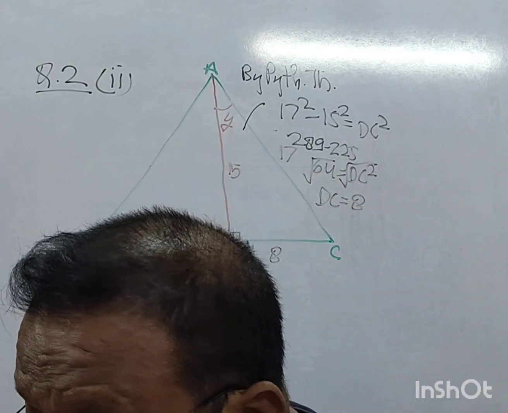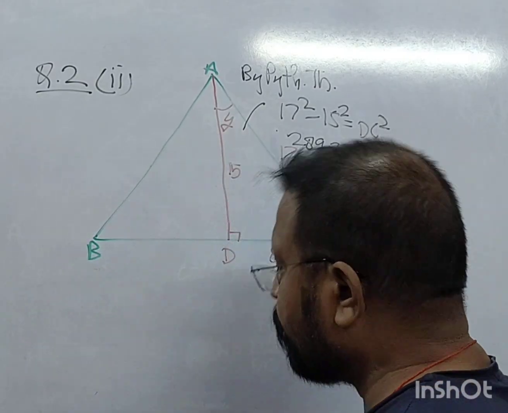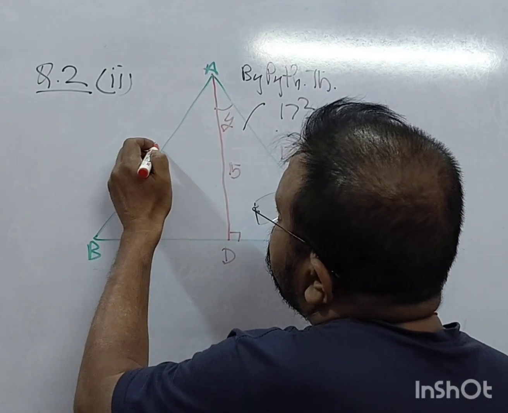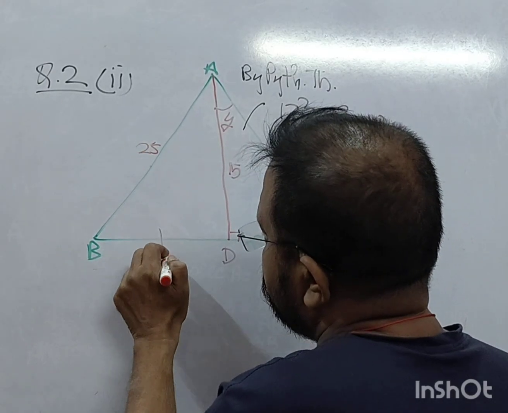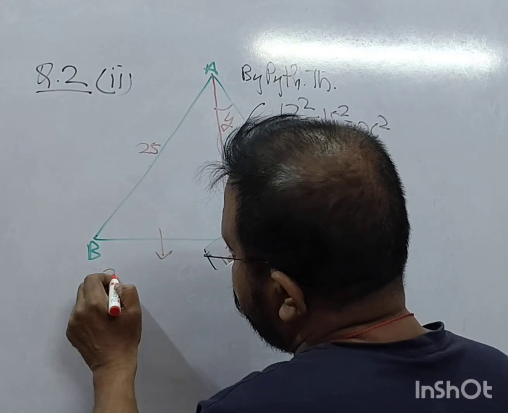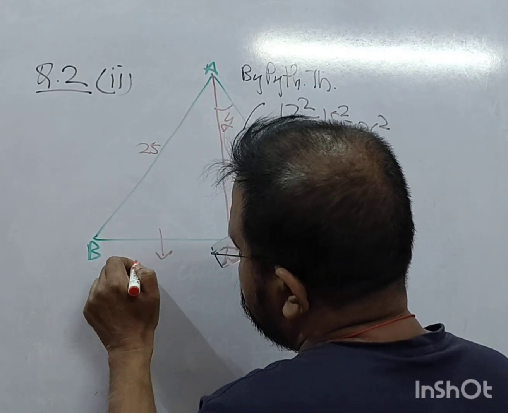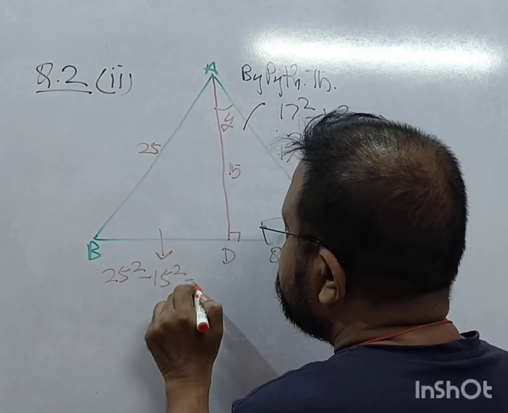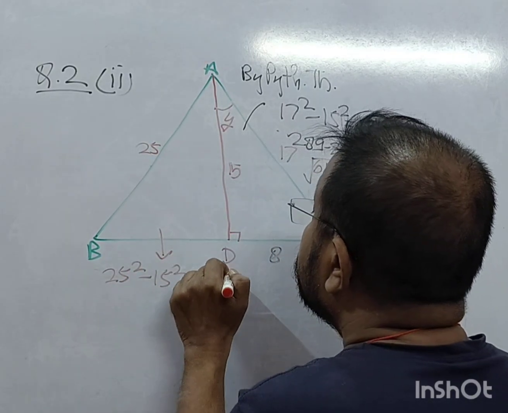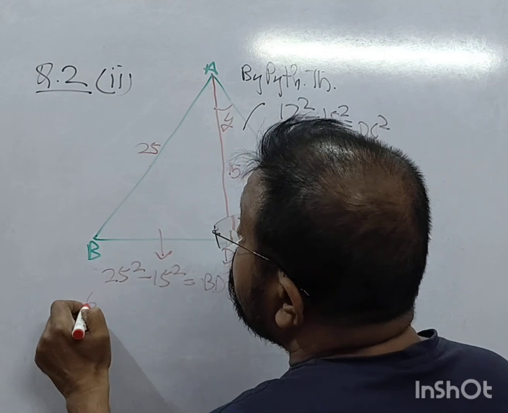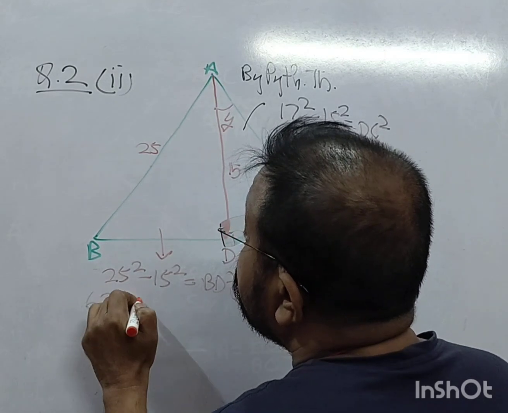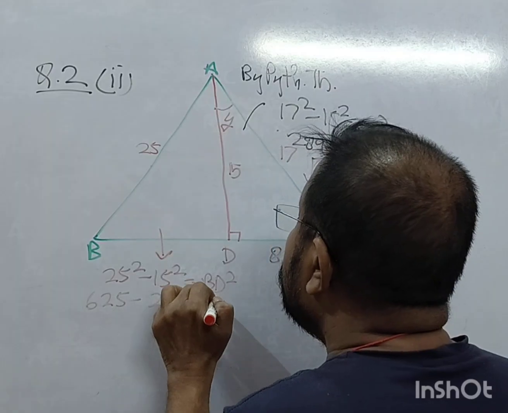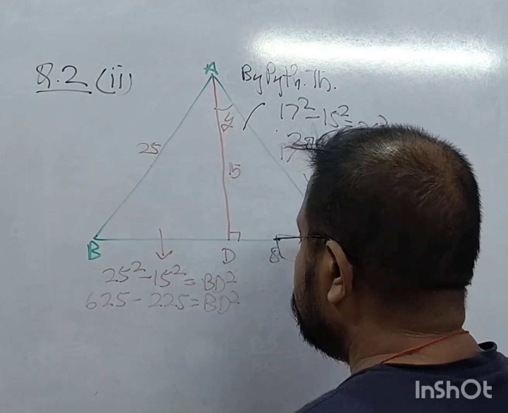Right? Now it is given this is 15, this is 25. So this will be 25 whole square minus 15 whole square is equal to BD square. So it is 625 minus 225 is equal to BD square.